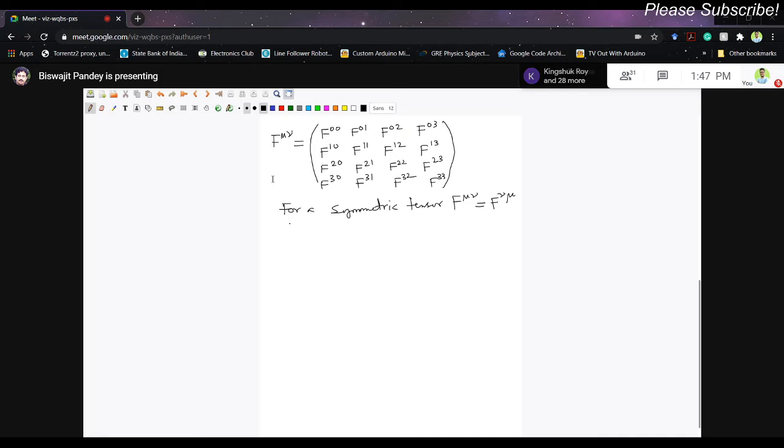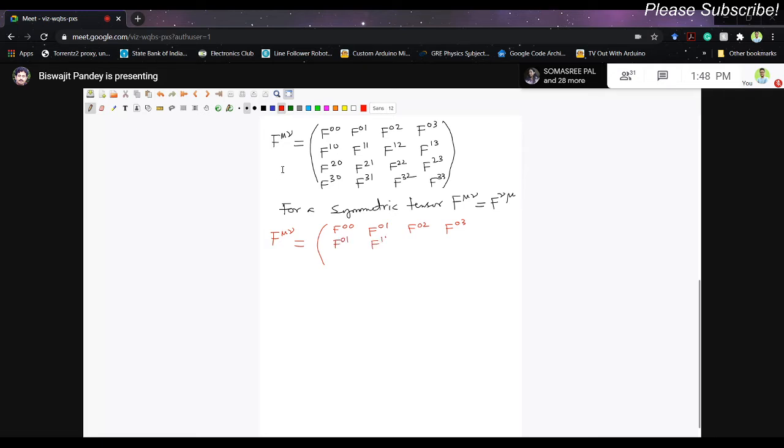So a second rank tensor which is symmetric, I can write this way. Let us write that again, F mu nu will be then F00, F01, F02, F03. But here, this will be on the opposite side of the diagonal. So this will be again the same, because F mu nu equals F nu mu. So this will be F01. They are the same.